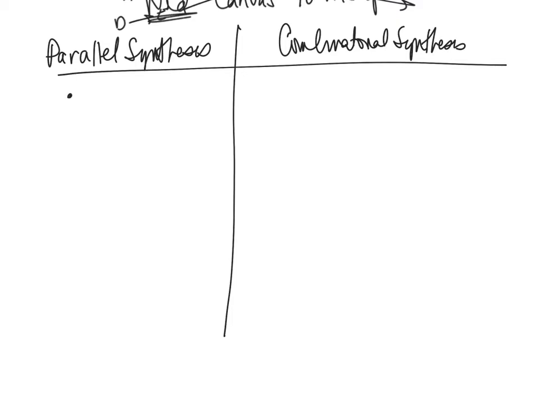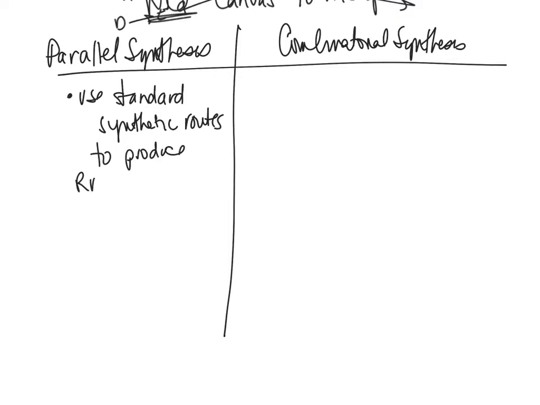Parallel synthesis will use standard synthetic routes, that means organic 1 and organic 2 chemistry, to produce a range of analogs.